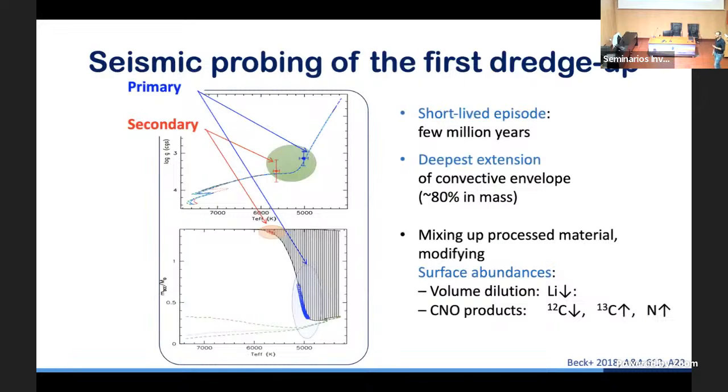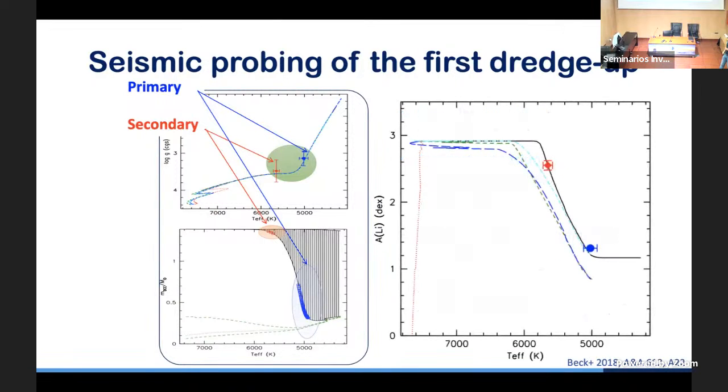And we looked at lithium. We also see changes in CNO, but that is left for another paper. And we use the differences in lithium to model the history of rotational mixing inside the star. Now, this is when I learned that if theorists and observers speak about rapid and slow rotation, we mean different things by about 1 to 2 orders of magnitude.